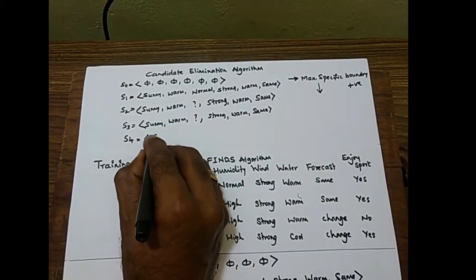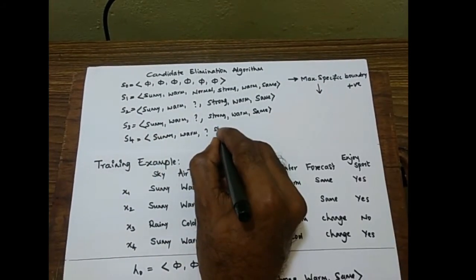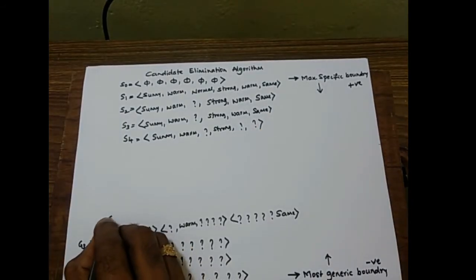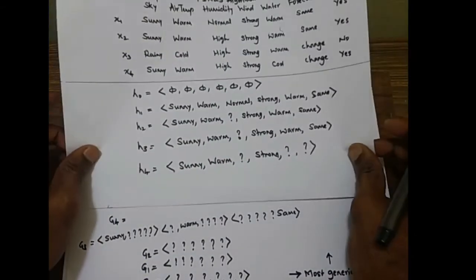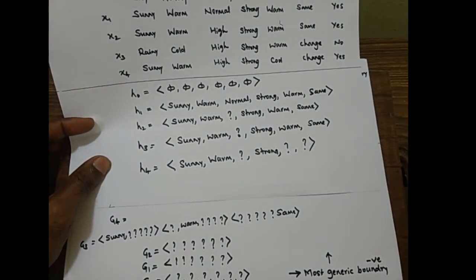So this value will be sunny, warm, question mark, strong, question mark, and question mark. To get G4, we need to see the X4 and we need to compare it with G3 so that we can show this one as negatively classified.